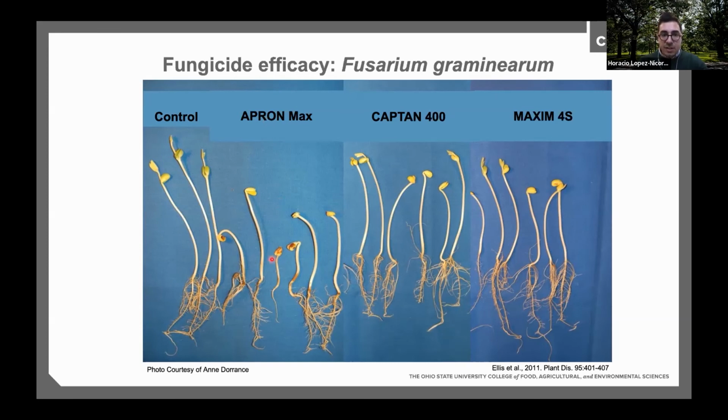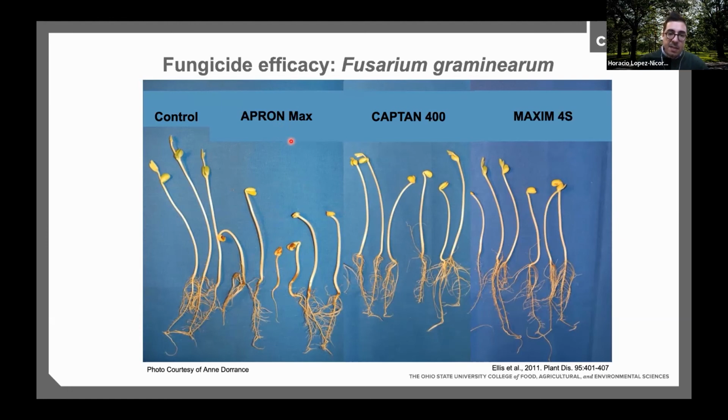We can actually see how Fusarium graminearum, even though these seedlings have been treated with a quote-unquote fungicide, is not being controlled, right? So we really need to know what active ingredient we're using for what specific organisms.